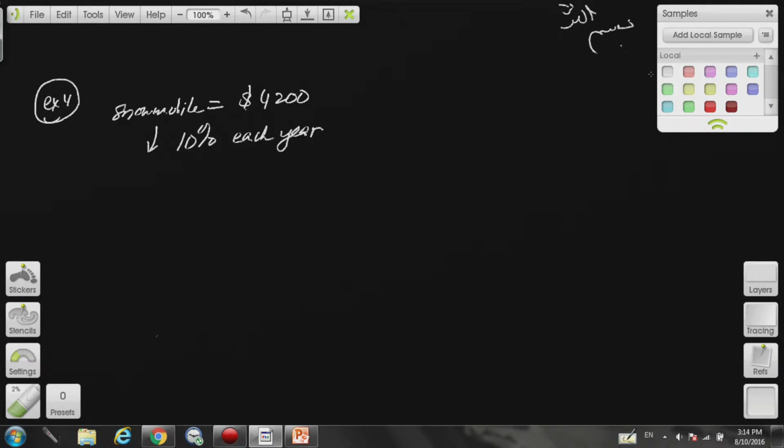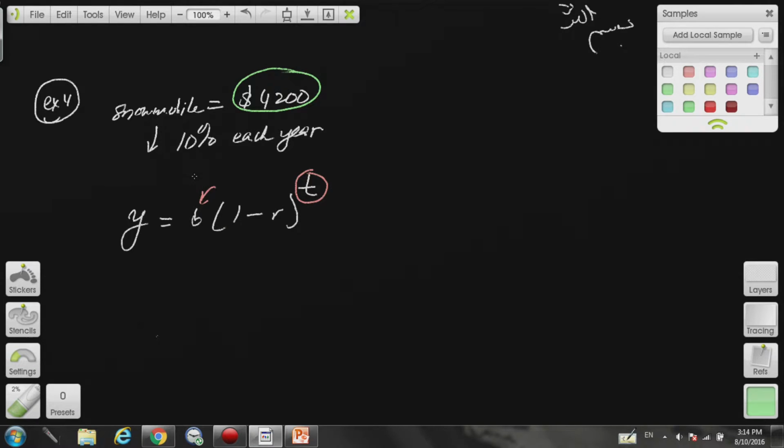So this is easy enough. We said exponential decay models are like this. Now the book uses a instead of b as a variable here, and that's easy enough. You can substitute that as long as you understand the concept. So the value of the snowmobile after a certain period of time t is going to depend on the initial value, which is here.